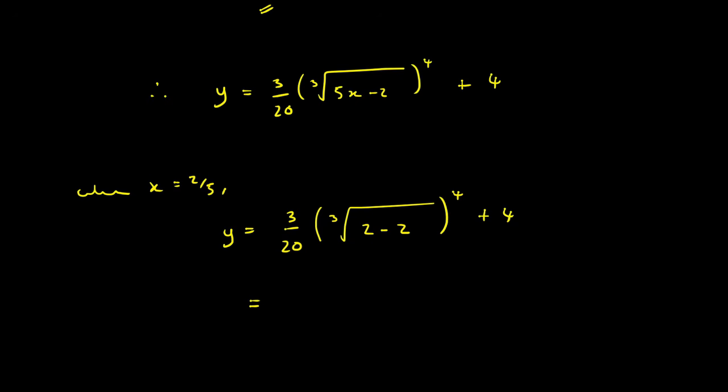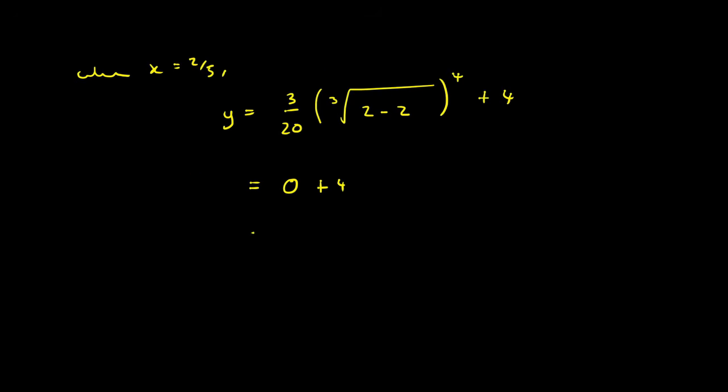Well, 2 minus 2 is 0, so the cube root is 0, and 0 to the power of 4 is 0, and anything times 0 is 0. So that's 0 plus 4. So the y coordinate is 4. And so the stationary point is at the coordinates (2/5, 4). I'm just going to check my answer to see if that's right. Yeah, that's right.